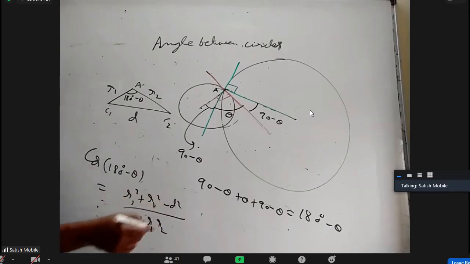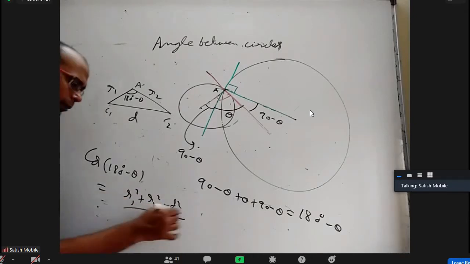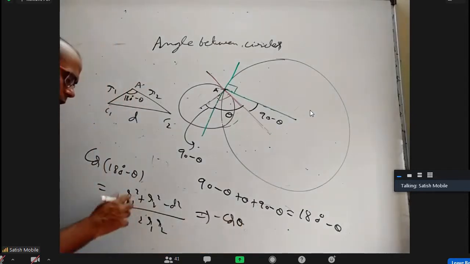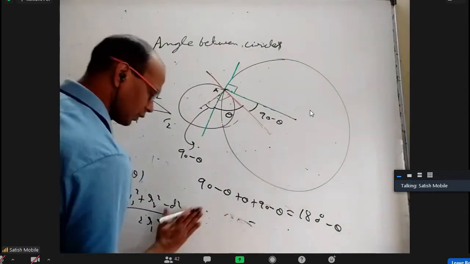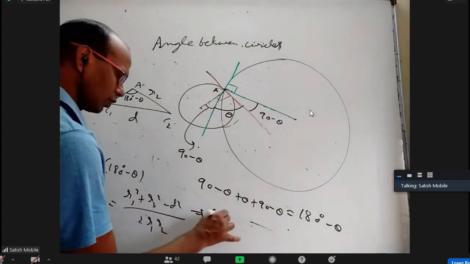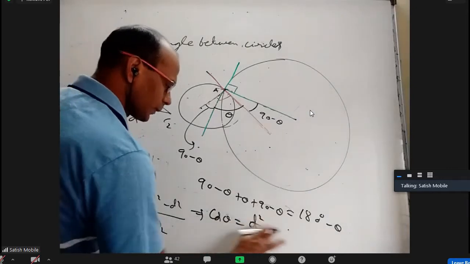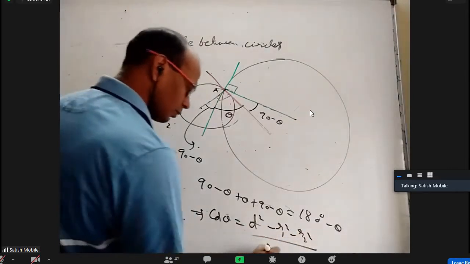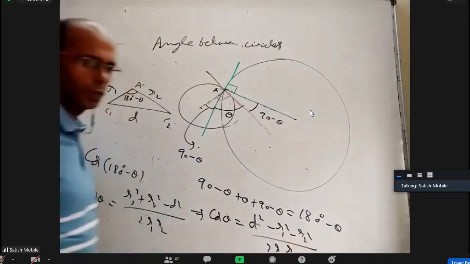A square plus B square minus C square by 2AB. Cos 180 minus theta is minus cos theta equal to this. Okay, I can even write that here. It is minus cos theta. If we give this minus, we will get cos theta equal to D square minus R1 square minus R2 square by 2 R1 R2.